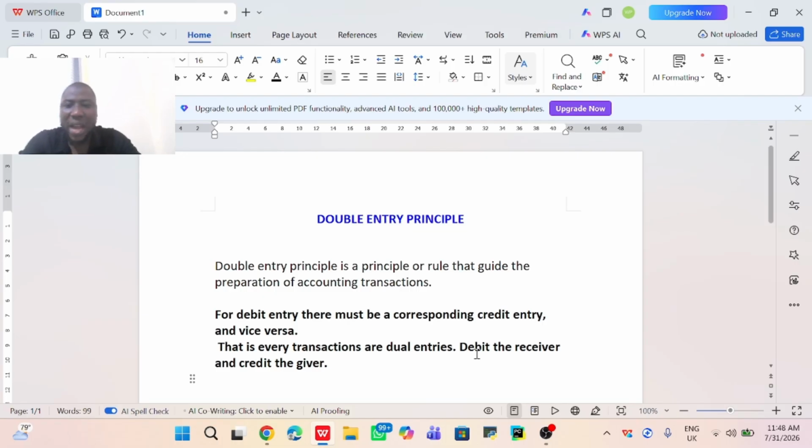And also, we have an acronym that we use to use.